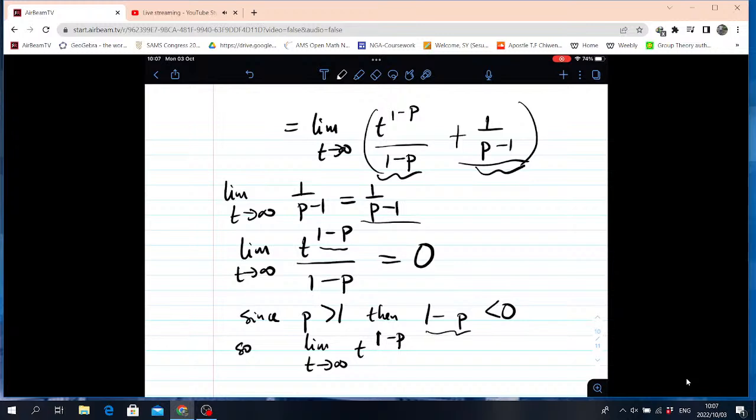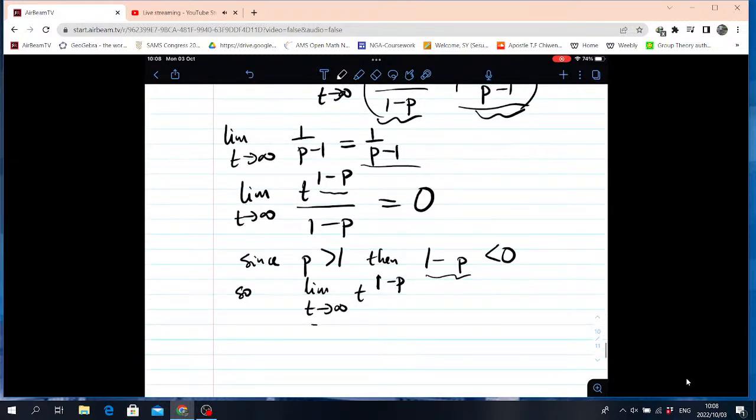Right. So there is another question: please explain the last part. I'm assuming you're talking about this part. Since p is greater than 1, we know 1 minus p is less than 0, right?